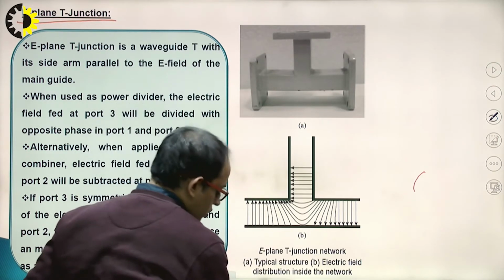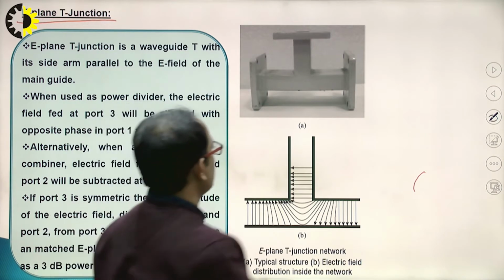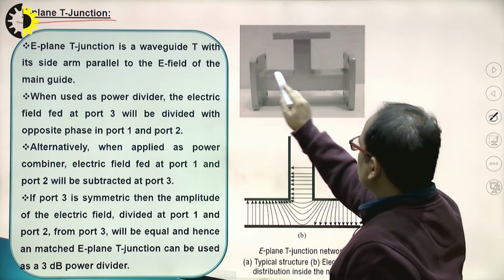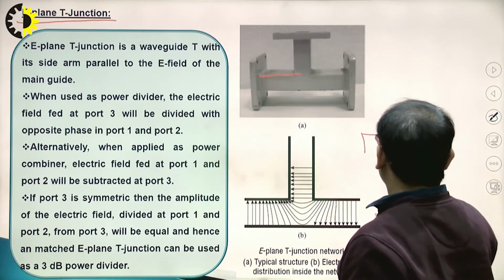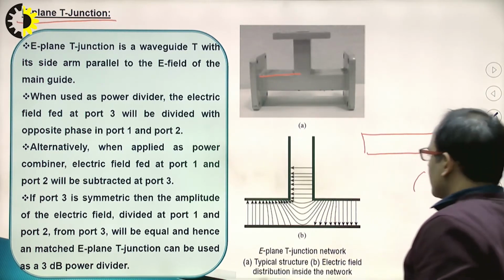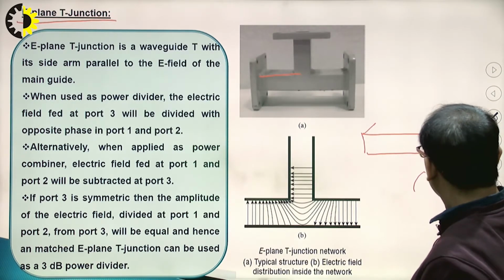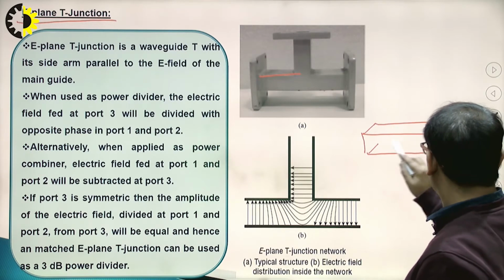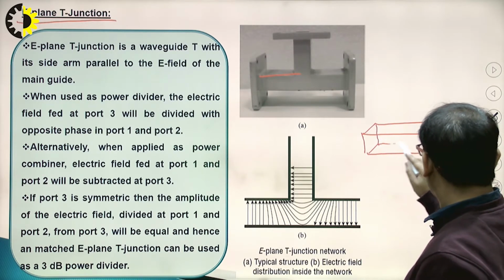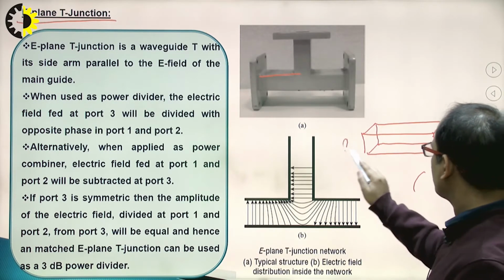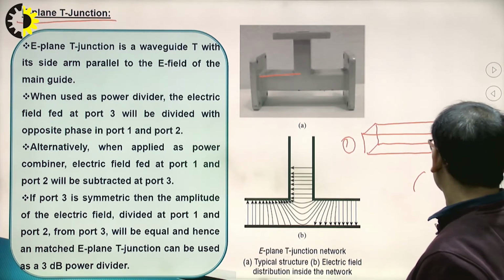Clear? So let's say this one is a normal waveguide. This is port number 1, and this is port number 2.